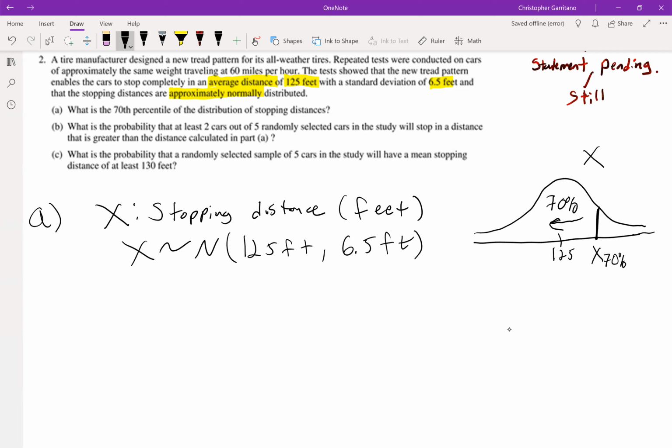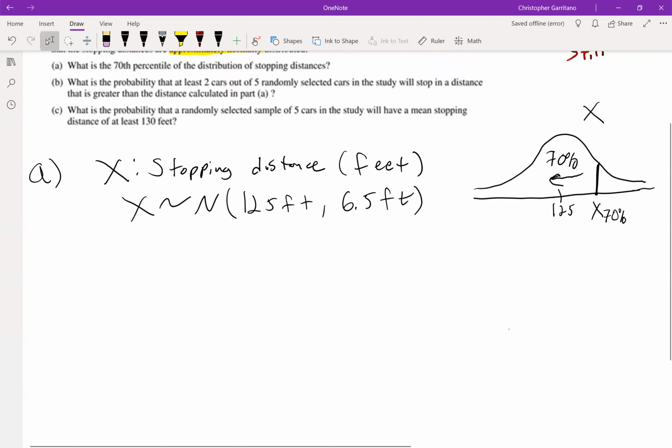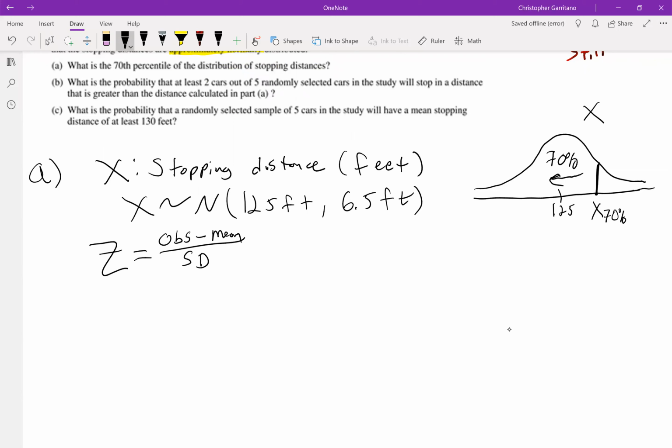All right. And so this is going to rely on the relationship that says Z is equal to observed minus mean over standard deviation. This is an extremely important relationship, and it helps us solve problems like these.